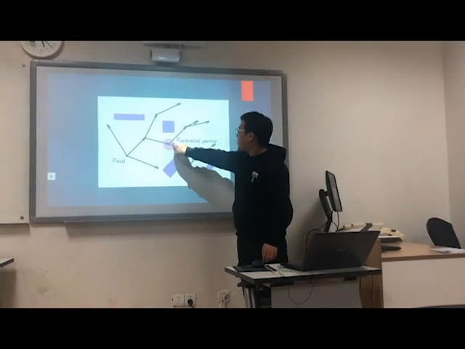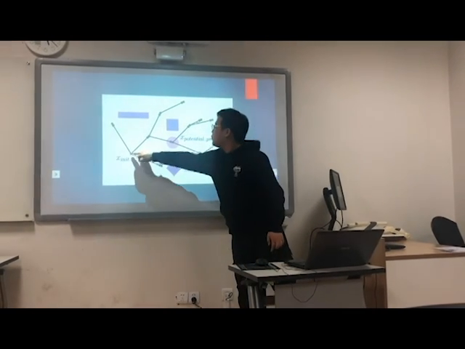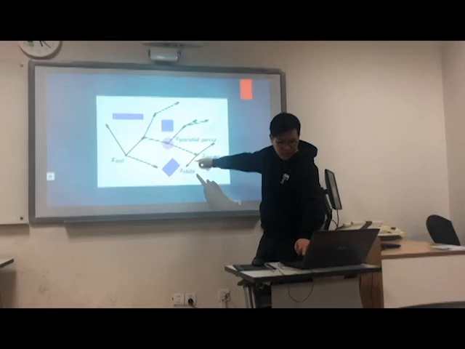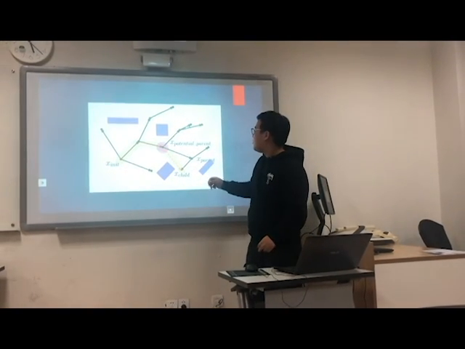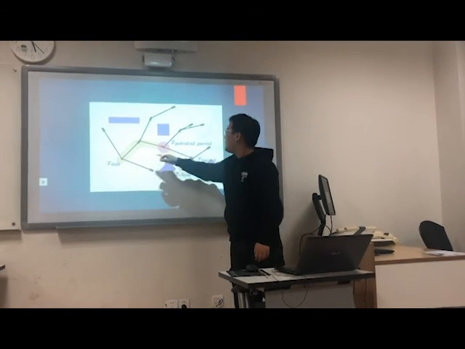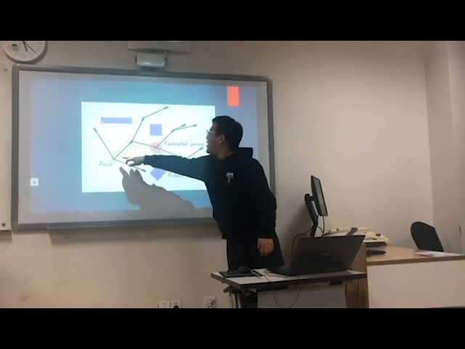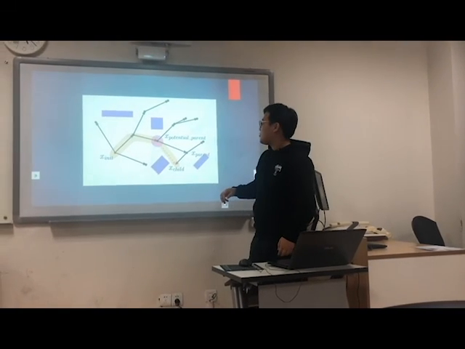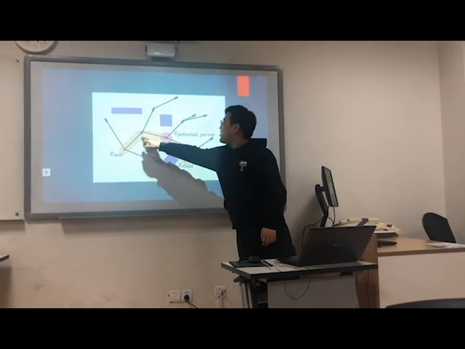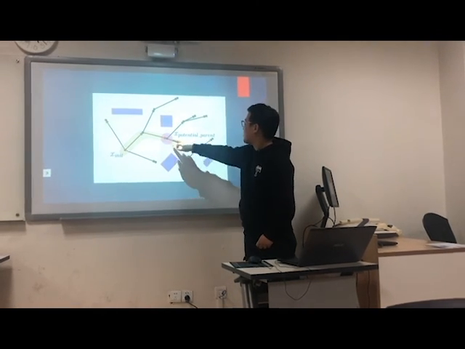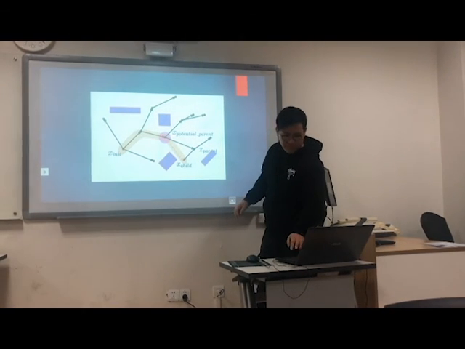As for this one, we also need to connect these two, and the whole path will be this one. And this path is feasible, so we need to compare these two paths to find the shortest one. There's no doubt that this path is the shortest because this one plus this one is greater than this one.